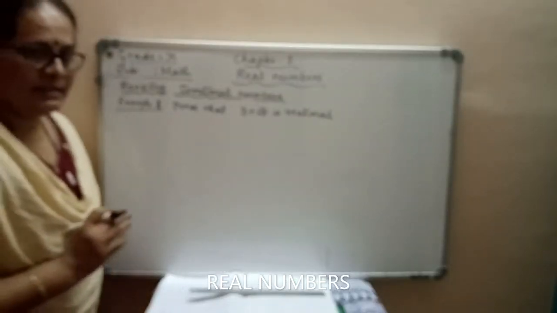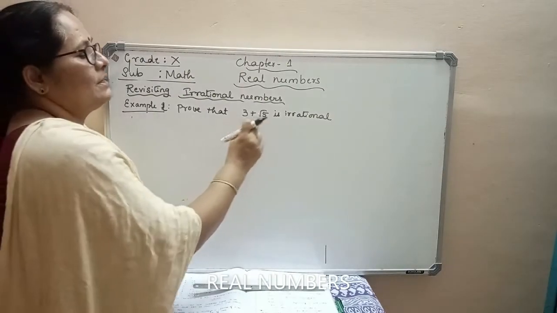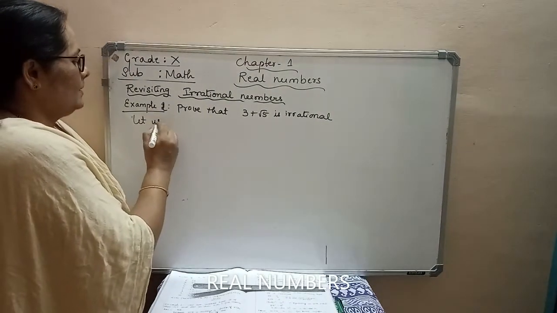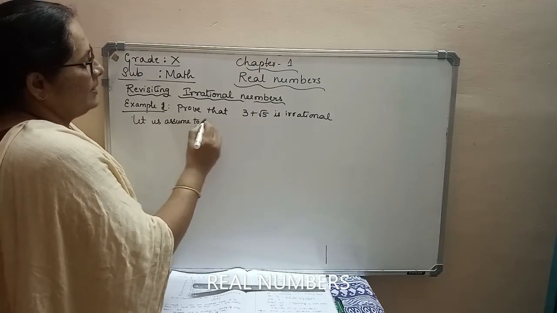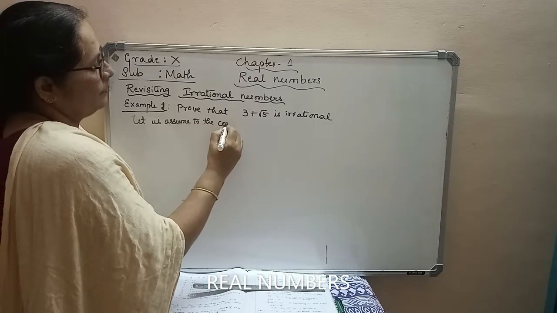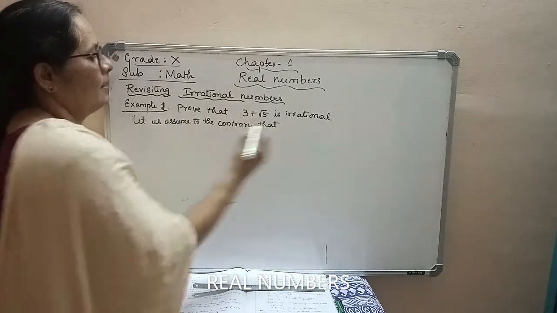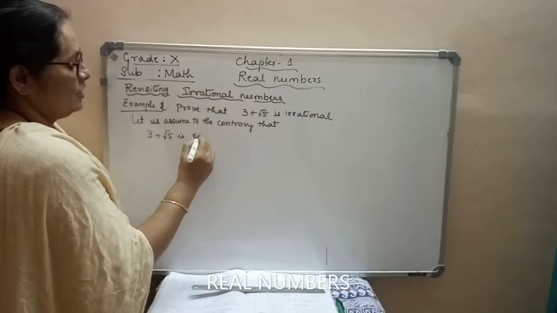So the first step is, let us assume to the contrary that 3 plus root 5 is rational.